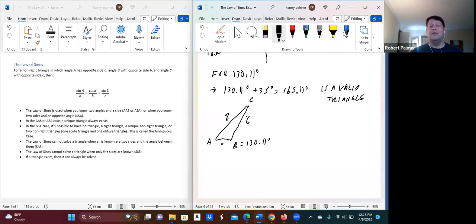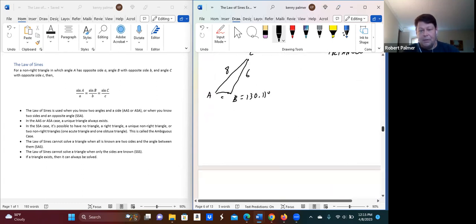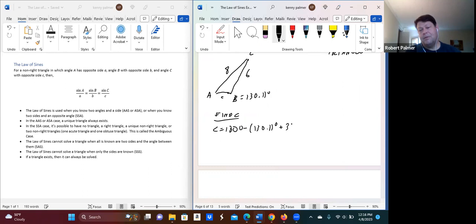And then we'll have another triangle, which we use the other angle. Now, we need to figure out the rest of this triangle. So we know angle B. Let's find angle C. And of course, C is going to be 180 minus 130.11 plus 35.